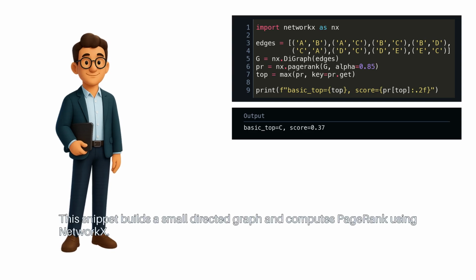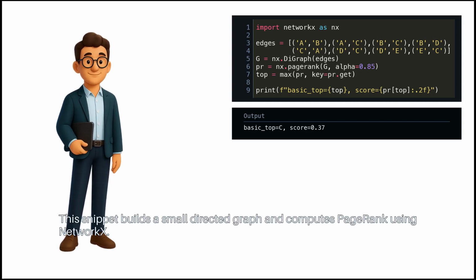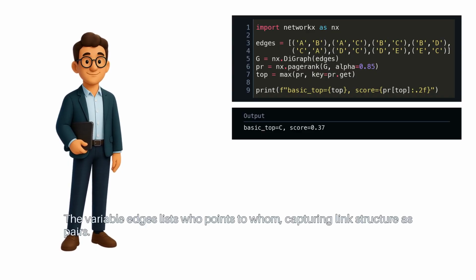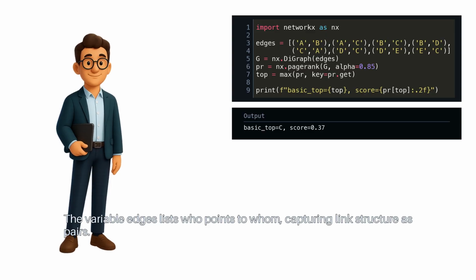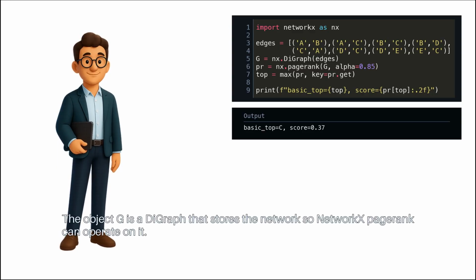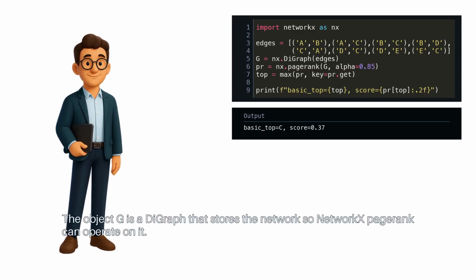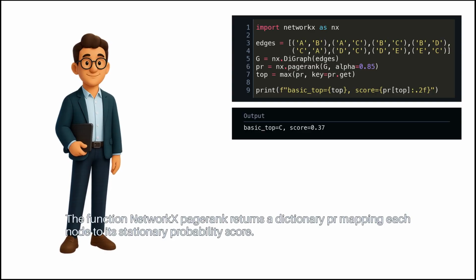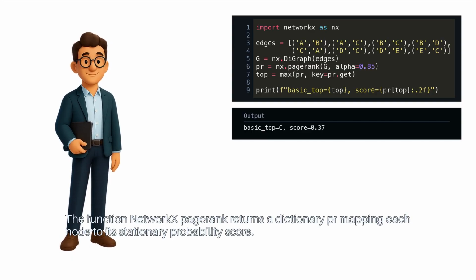This snippet builds a small directed graph and computes PageRank using NetworkX. The variable edges lists who points to whom, capturing link structure as pairs. The object G is a DiGraph that stores the network, so NetworkX PageRank can operate on it. The function networkx.pagerank returns a dictionary pr, mapping each node to its stationary probability score.